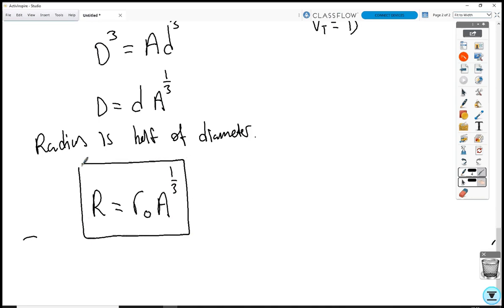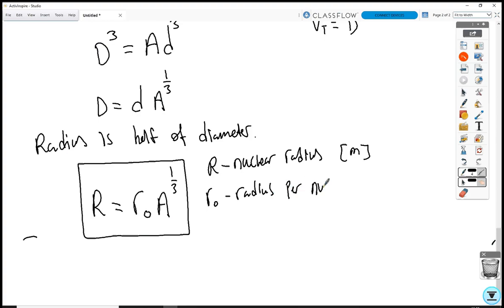So this equation will calculate the nuclear radius. So we'll write that here. R is the nuclear radius in meters. R0 is the radius per nucleon, which is equal to 1.05 femtometers. And A is the number of nucleons.